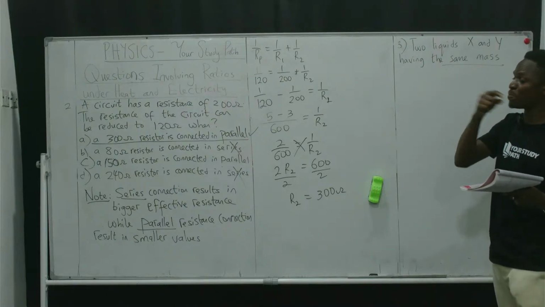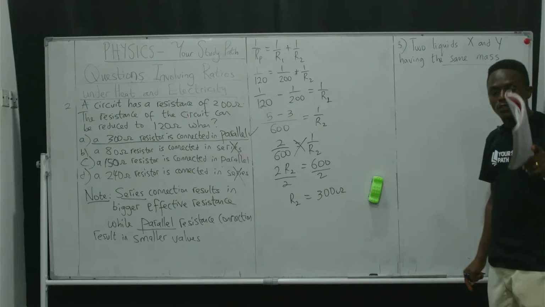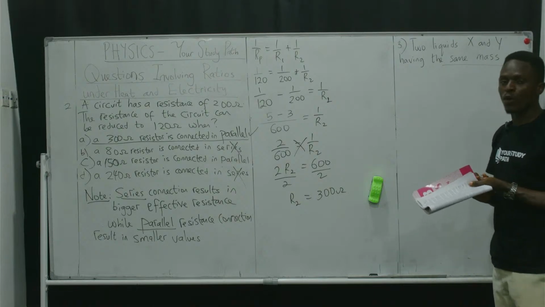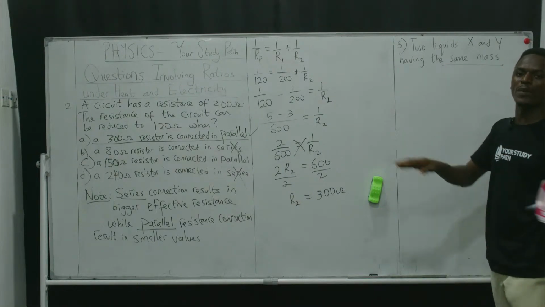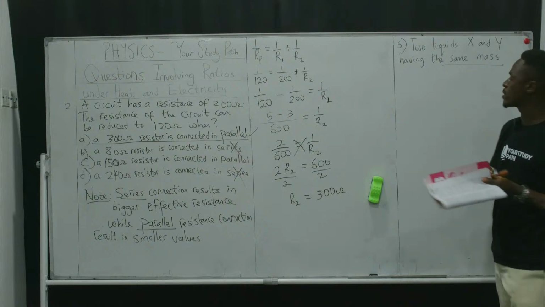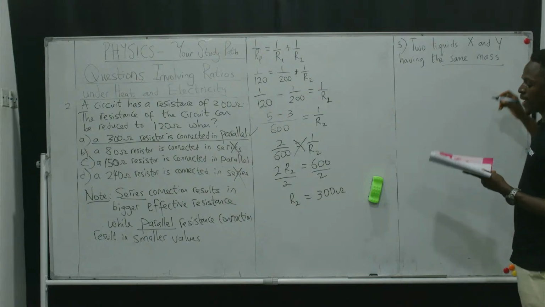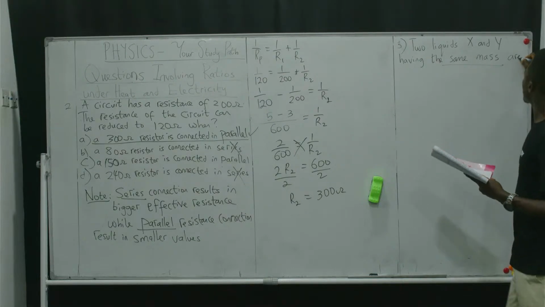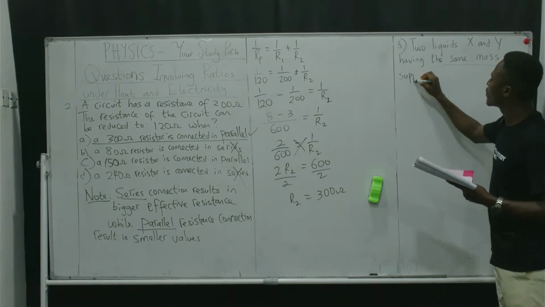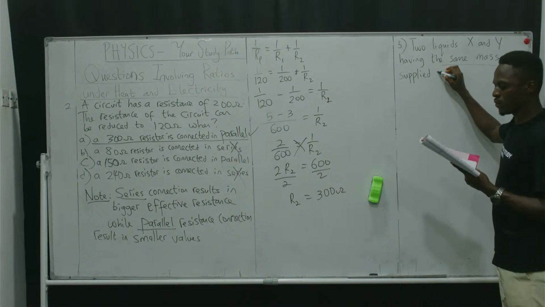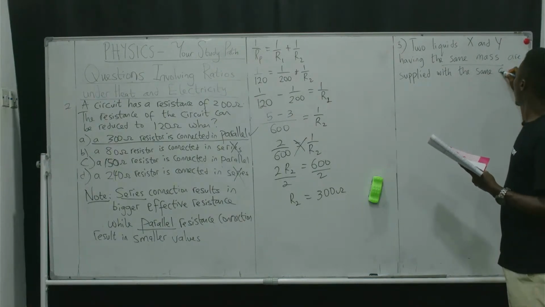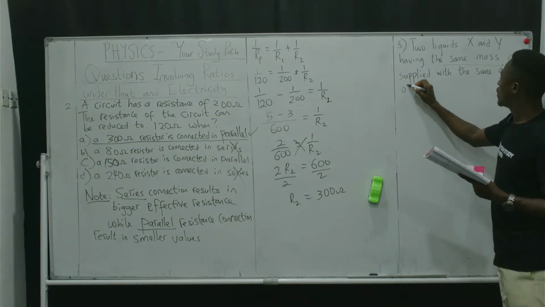You can't be asking about specific heat capacity and not making comments on what is happening to the mass, because for ratio questions, you shouldn't have any alphabet at the end, just numbers. So here now, having the same mass, they are supplied with the same quantity of heat. So quantity of heat is the same here.